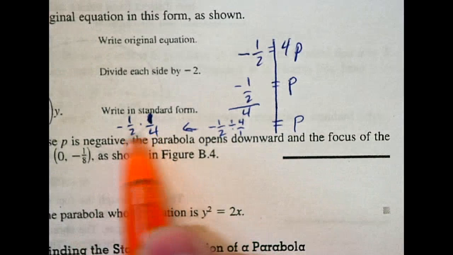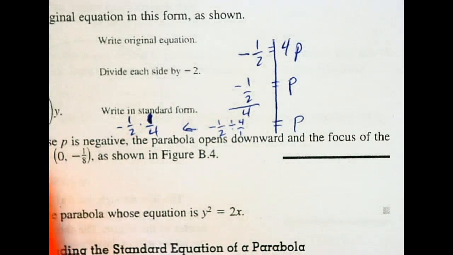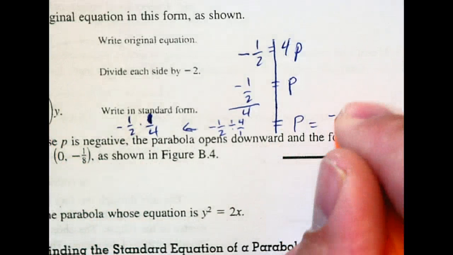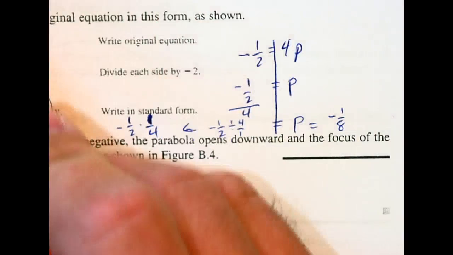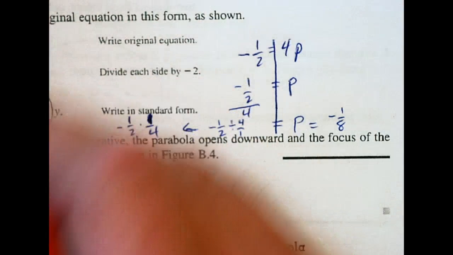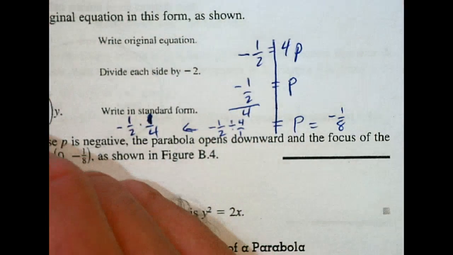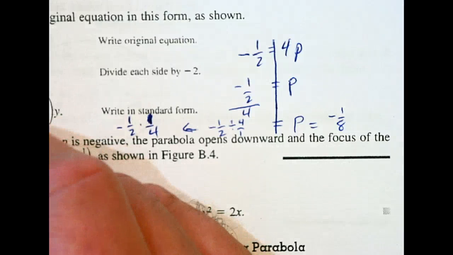So we get our negative 1/8 right there. That's how they got negative 1/8. So they're saying p equals negative 1/8, and they're putting that into this equation to write it as x squared equals 4 times p, or negative 1/8, y.